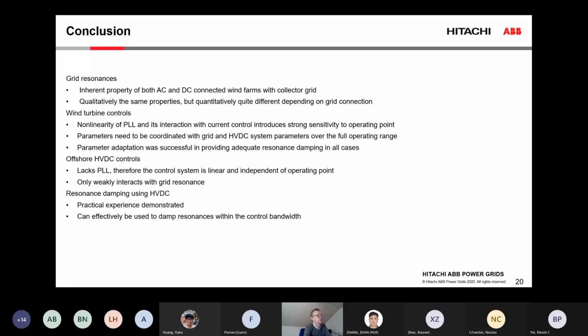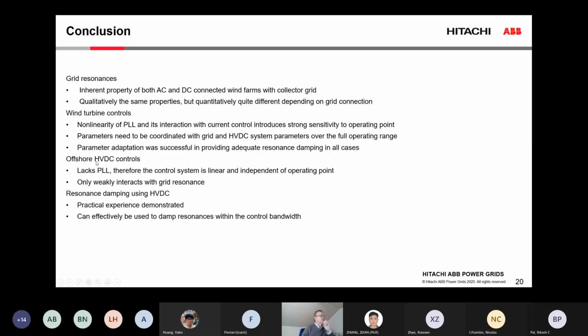So we need to make sure that we coordinate the control of the wind turbines with the operating range, but also the cable system and whatever you have on the AC side, be it an HVDC link or an AC cable connection. But you can use modal analysis techniques to give support for the tuning, so that in this case it gave adequate damping.